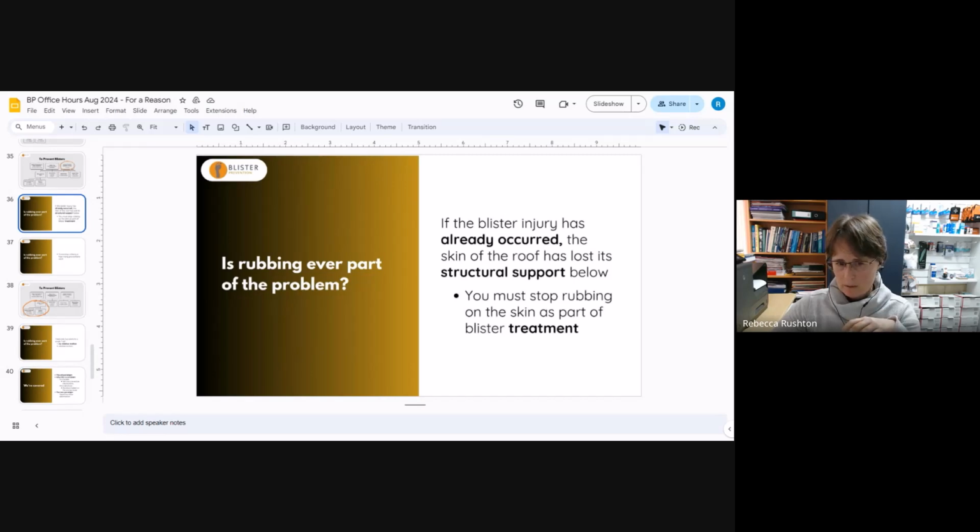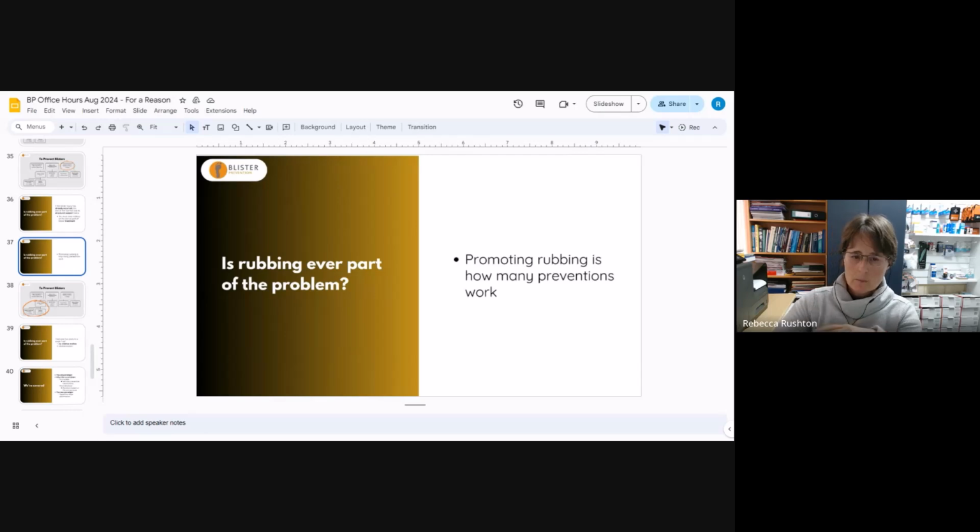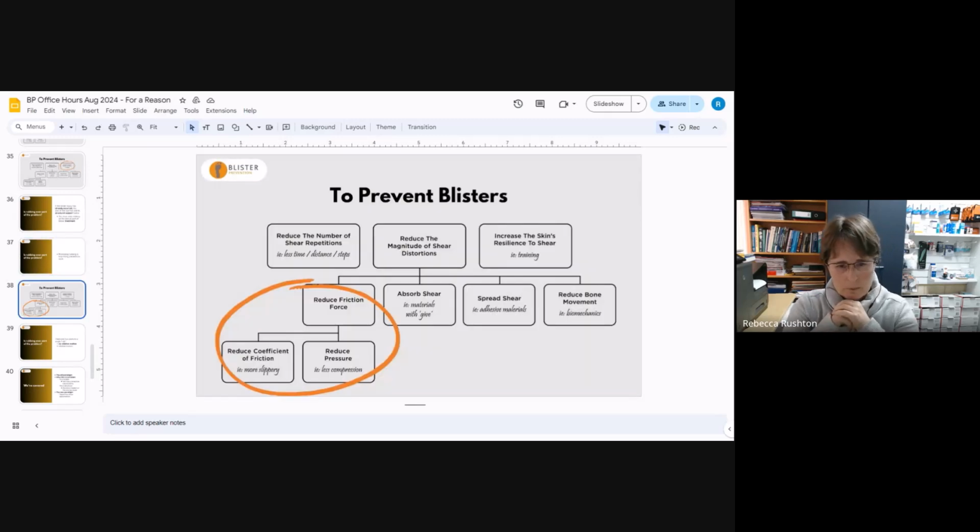So it is part of the problem once you've actually got the blister injury, even if you don't see the blister yet. But you must understand that promoting rubbing is actually how many preventions work. All of these preventions work by promoting rubbing. They're trying to get the skin to move in sync with the bone at a slightly earlier moment in time.